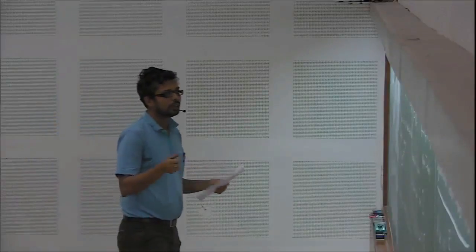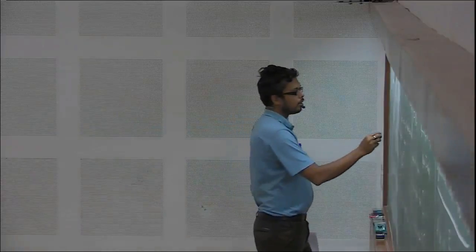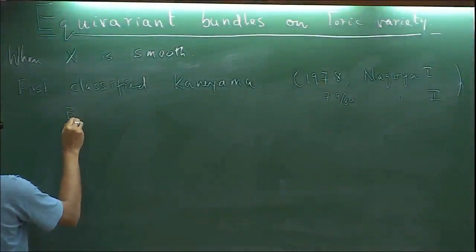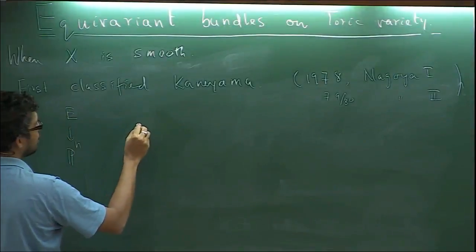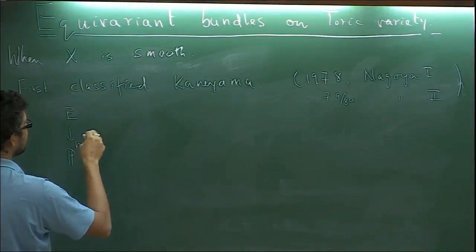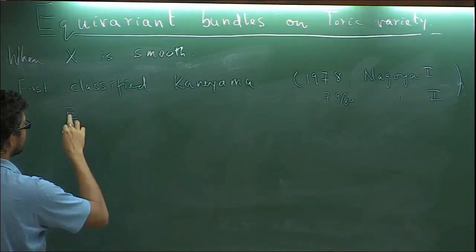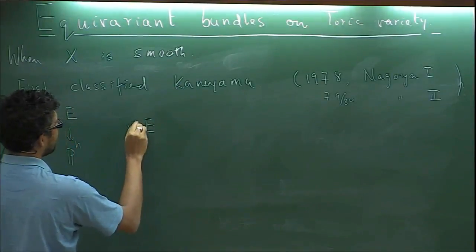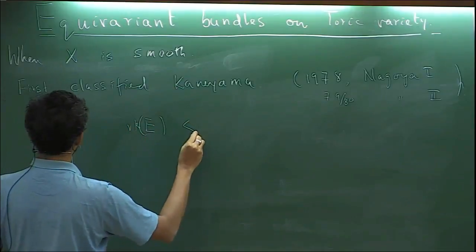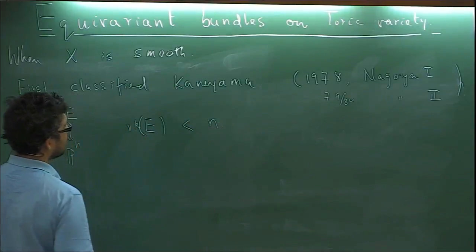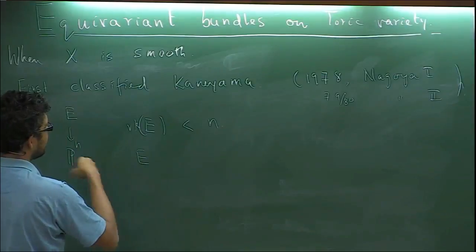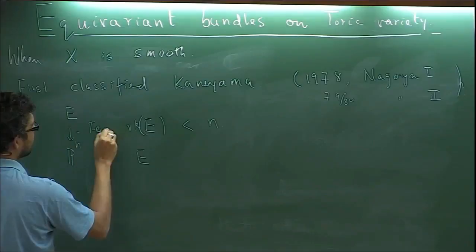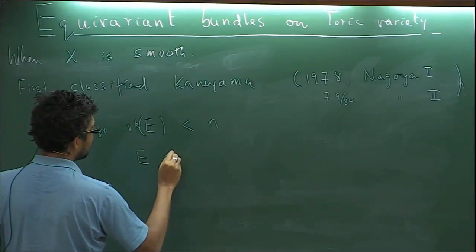He makes a statement that over P^n, if E is T equivariant, then using his classification, if the rank of E is less than n, then E splits into line bundles.